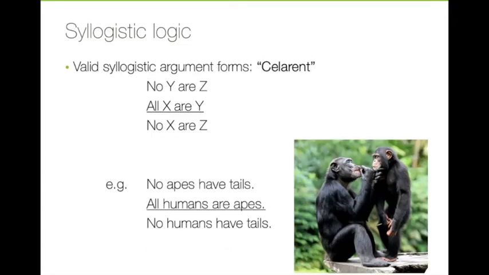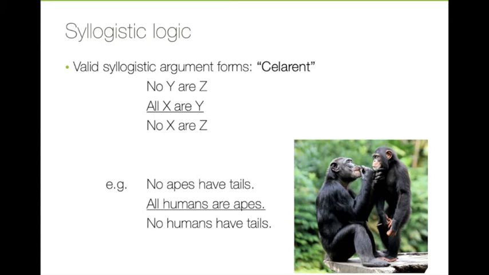The next valid argument form we're going to look at is called Celarent. So this one goes no Y are Z, all X are Y, so no X are Z. Again, pay attention to which statements have which variables, and make sure if you're trying to come up with an instance of this form that you obey the rules of a uniform substitution instance.